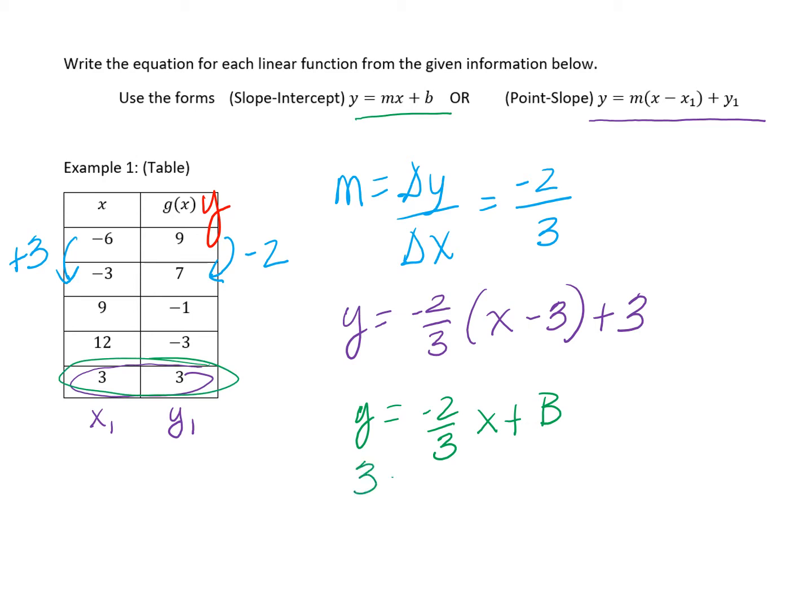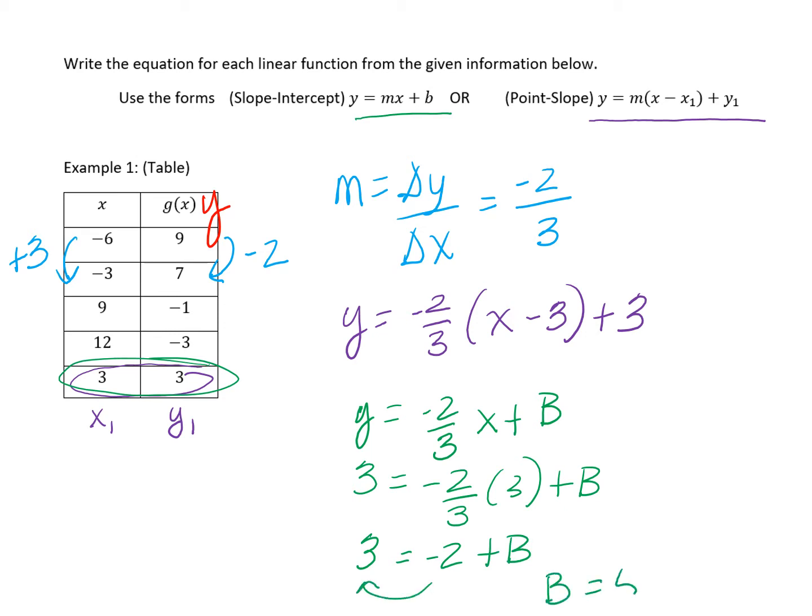So y is 3, and x is also 3. And so if you distribute your negative 2/3 times 3, that just gives you negative 2. And then if you take the negative 2 over, b is equal to 5. So in slope-intercept form, we would have y equals negative 2/3 x plus 5.